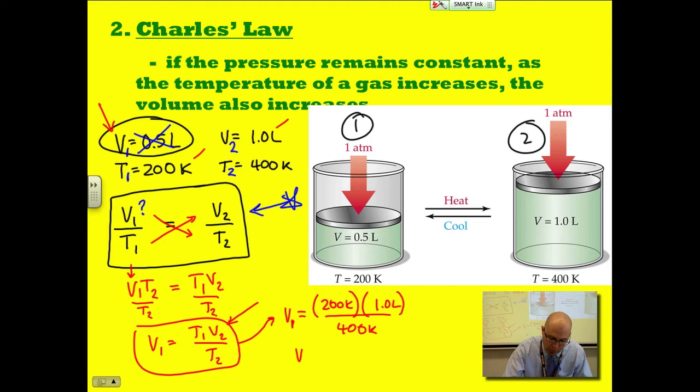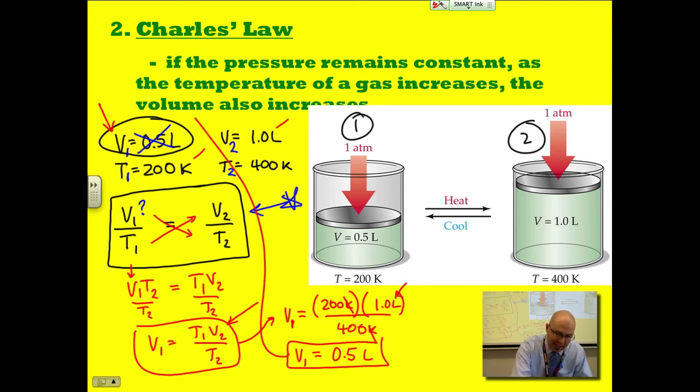Notice that V1, 200 times 1 is 200. Divide that by 400, you get 0.5. My units of Kelvin cancel, and I would get liters. And that is indeed what we had earlier for the volume.